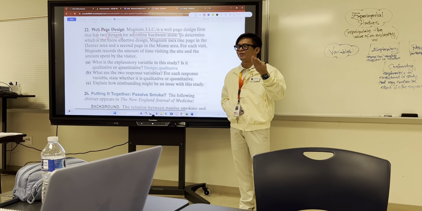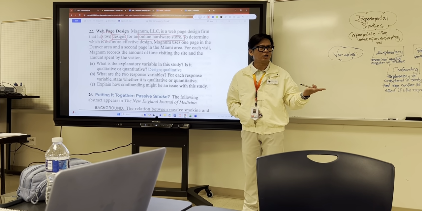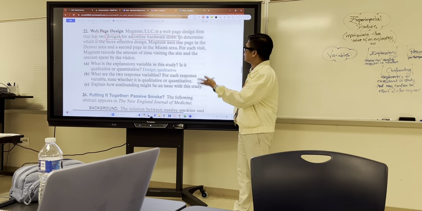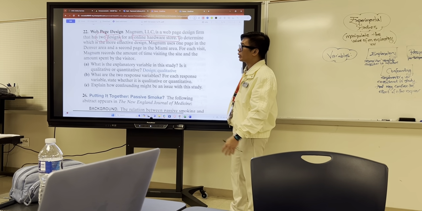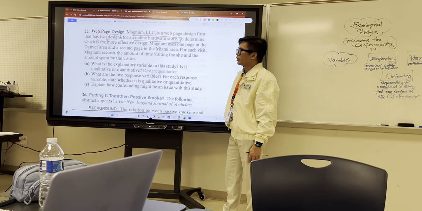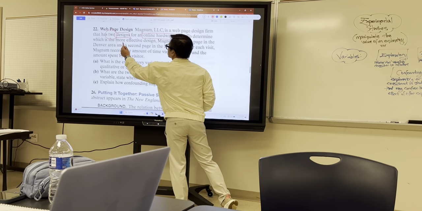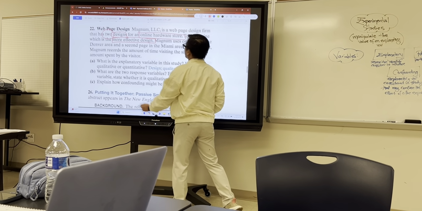So I'm flooded with what's on sale, what they have as a promotion. So this one has two designs for an online hardware store. Now, what is the goal here? To determine which is the more effective design.